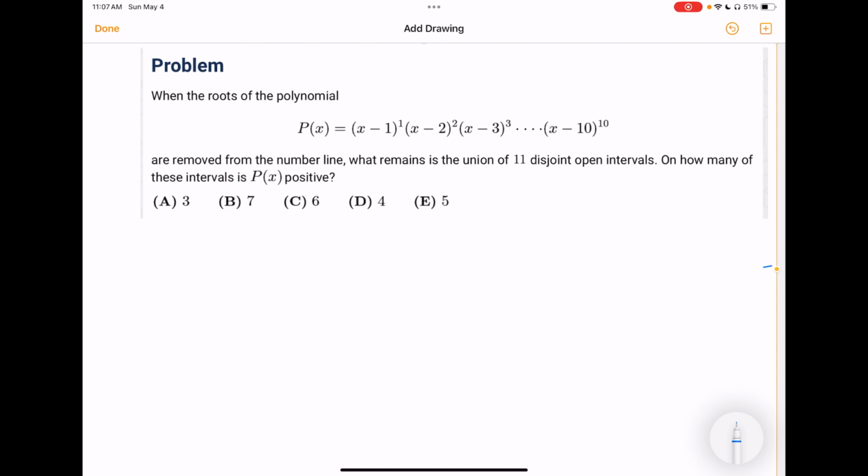So basically what we have here is a number line, and it says that the roots of these are removed. So the roots would be where x minus 1, x minus 2, x minus 3 and so on equal 0. That means x would be at 1, 2, 3, 4, 5, 6.